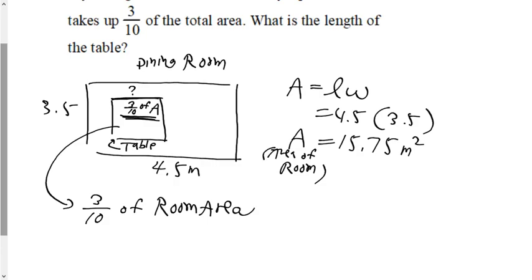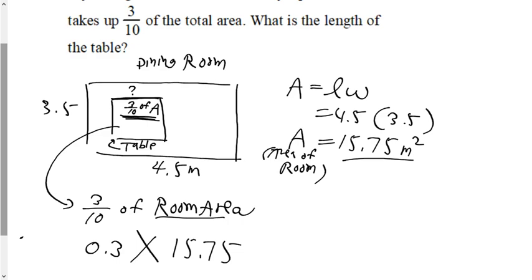This is a piece of cake. 3/10 is a decimal. Of, I know from 1,000 times of Mr. McDonald harping at me, is the word, it's multiplication. And since the room area was calculated by me, it all makes sense now. This will be able to calculate the area of the square table.